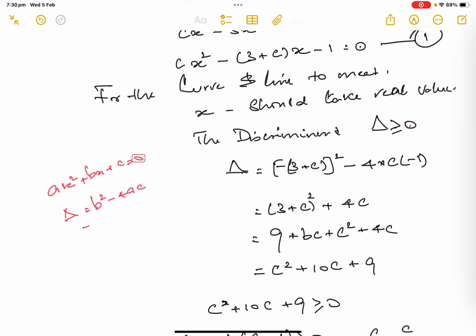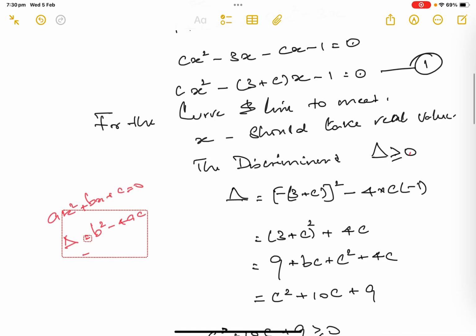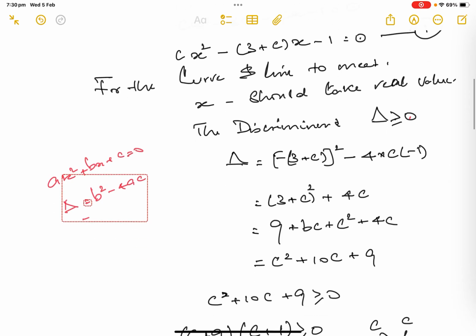Comparing with our equation, the discriminant is b squared, that is (3 plus c) squared, minus 4 times a times c, which is c times minus 1.